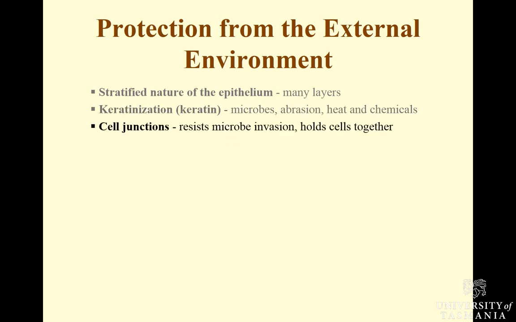The cell junctions, so the many desmosomes and hemidesmosomes hold all of these cells together, so that helps to resist microbial invasion and prevents their separation through abrasion. We know that the layer within the stratum granulosum has the lamellar bodies, and at cell death they release the lamellar bodies, and that coats those outer surface cells with a waterproof substance, and that helps to prevent water evaporation, so it prevents the skin from drying out, us losing excess water.